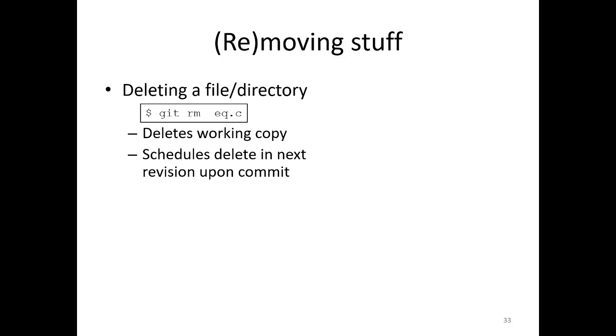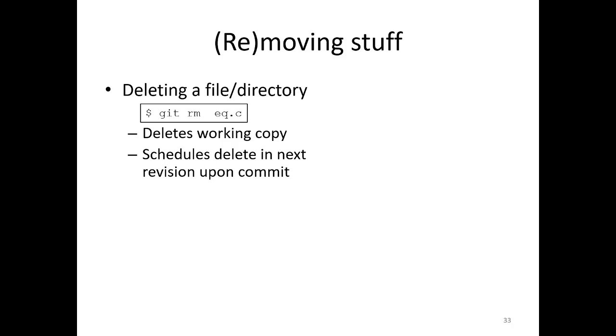You can remove stuff, but if you remove something, you have to make Git aware. Because if I want to remove the file eq.c, and I just remove it from the command line using rm eq.c, okay, it's gone from my working copy, but it is not gone from the repository.